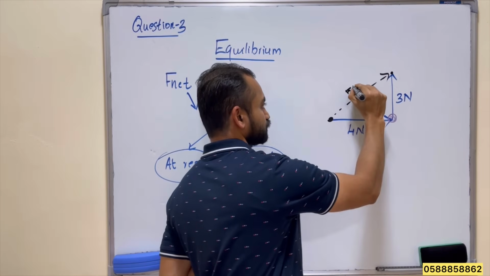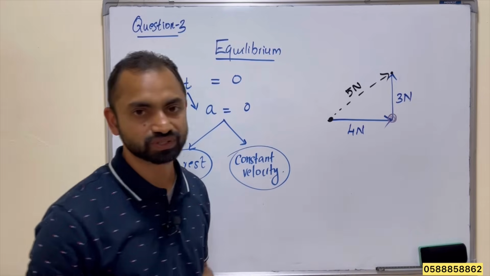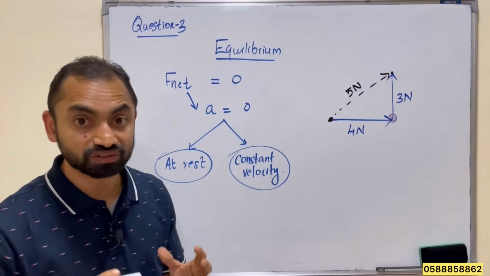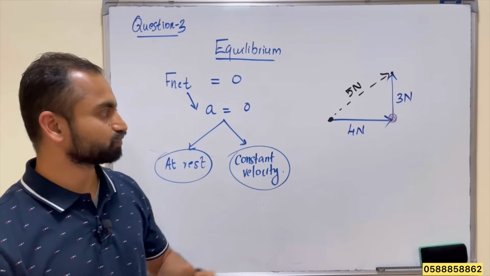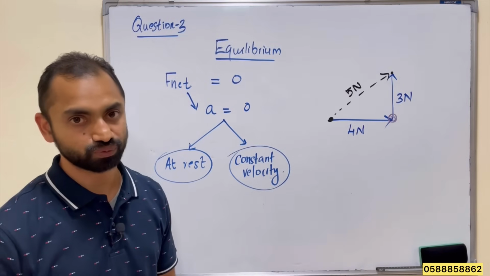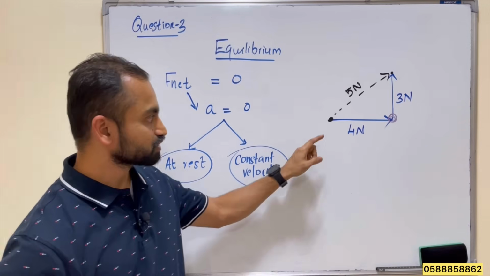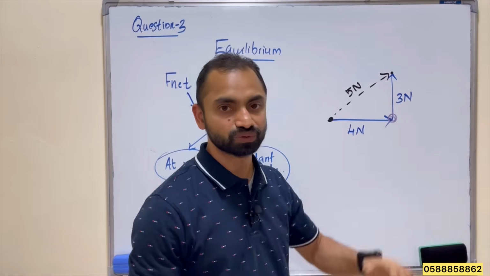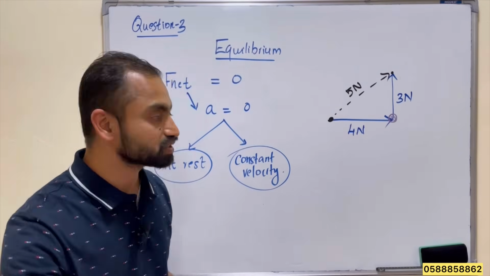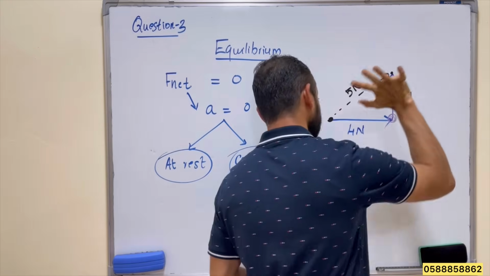Net force will be 5 Newton. That is called the resultant force. The resultant of this 4 Newton and 3 Newton force. And this is the direction of the resultant.